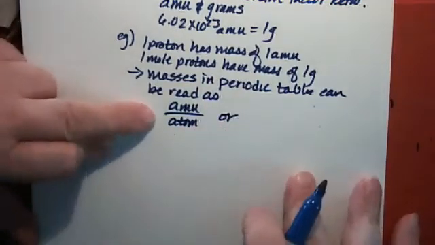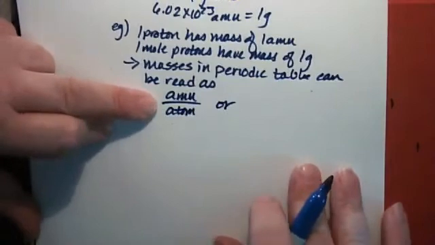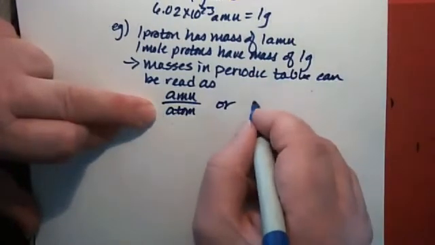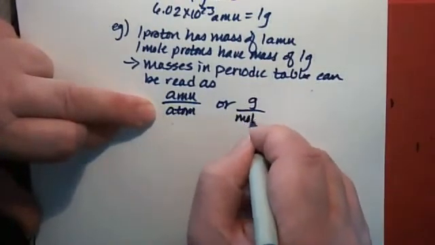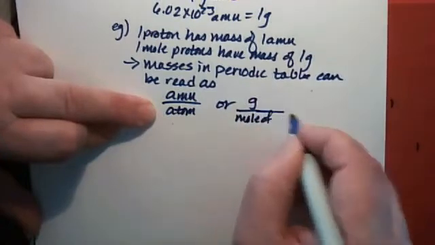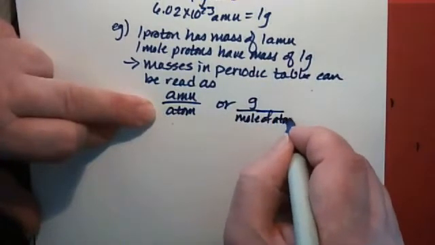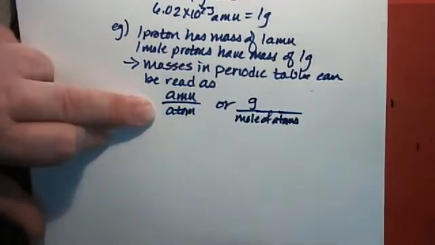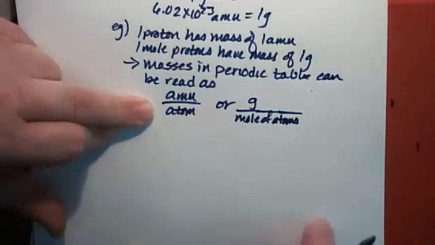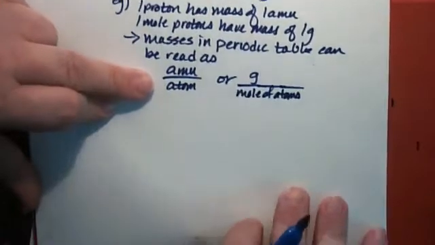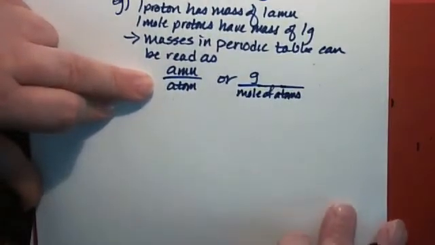Because now the masses in the periodic table can be read as either atomic mass units per atom or grams per mole of atoms. And grams, again, are a unit that is easy to deal with.